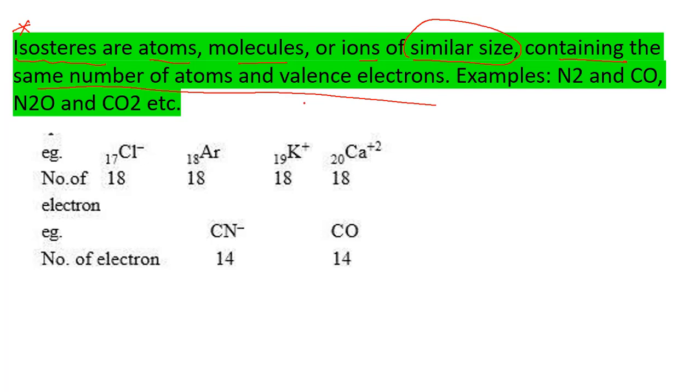In the last definition we discussed only electrons. Here the number of atoms and valence electrons both should match, then only these are isosters. Example, N2 and CO. Atoms, how many atoms? Here 2 atoms. Number of electrons, 14 electrons.